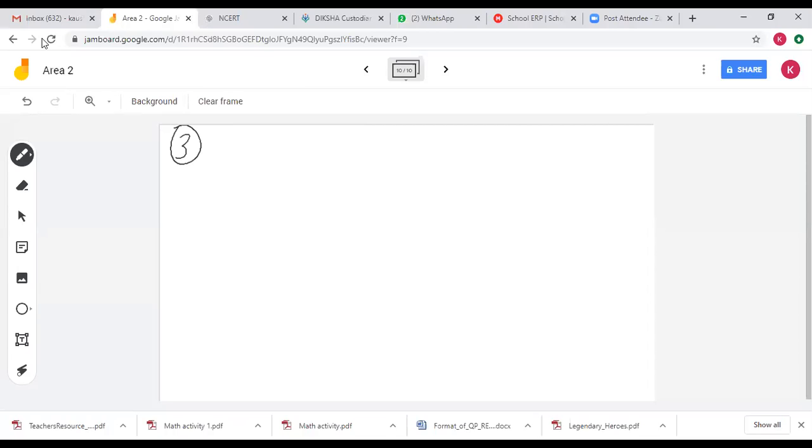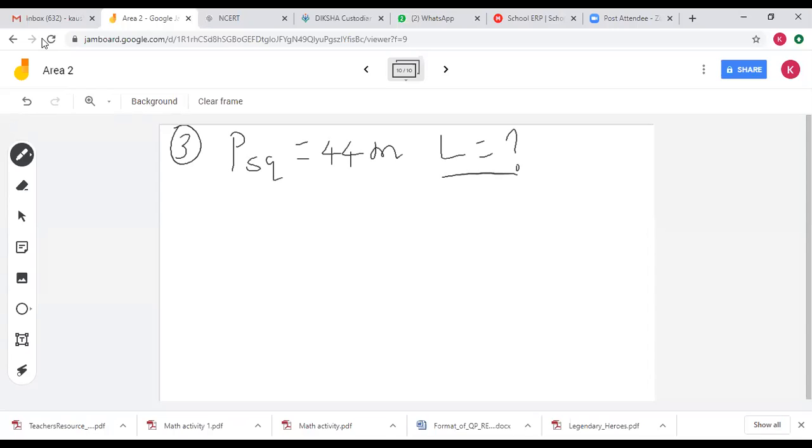The perimeter of a square field is 44 meter. Find the length of each side.